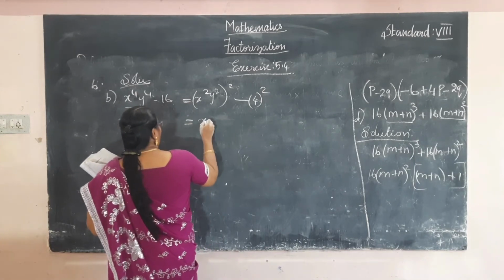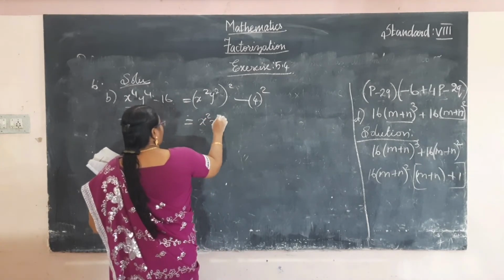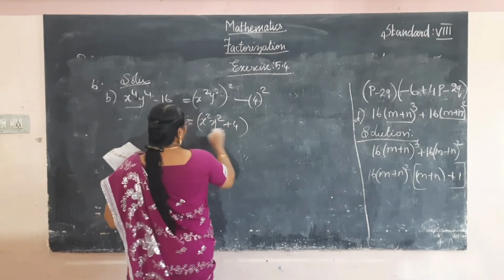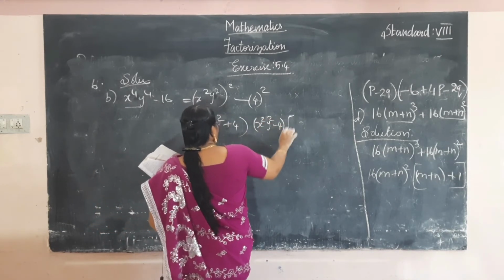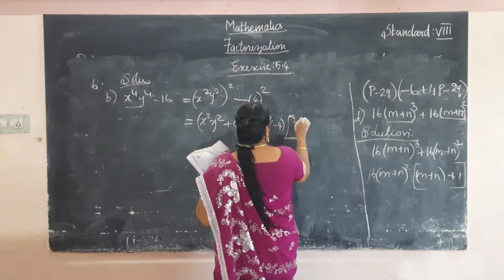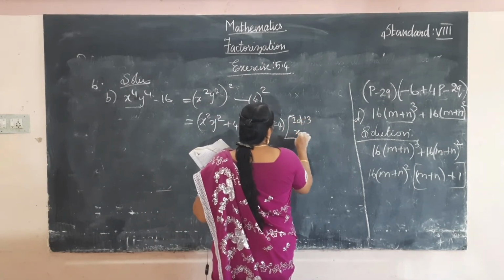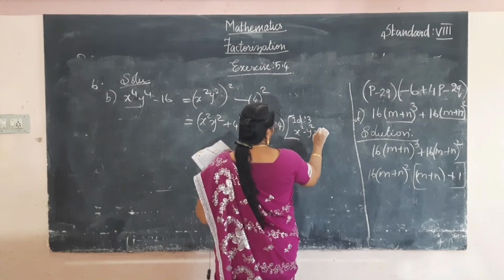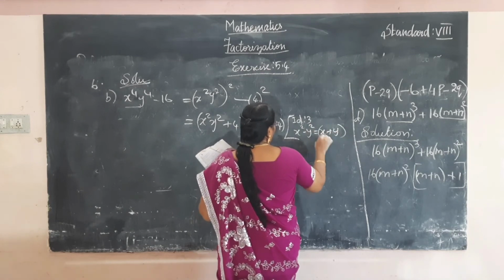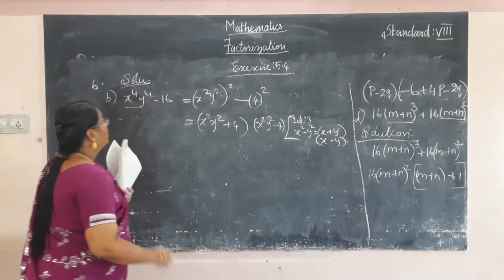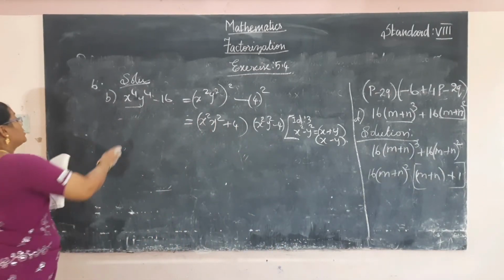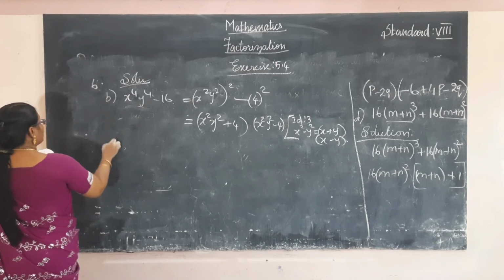So it can be written as x squared y squared plus 4 into x squared y squared minus 4, using identity 3: x squared minus y squared is equal to x plus y into x minus y. Okay, that's all. These are the factors of this algebraic expression.